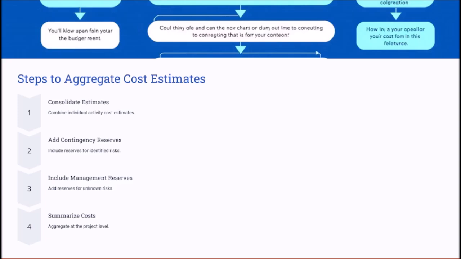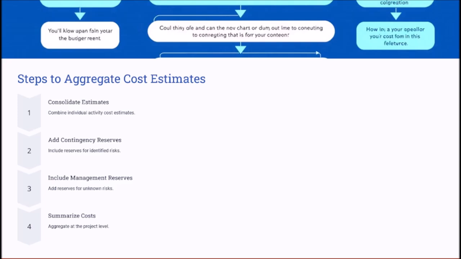These are the steps of one of the key techniques to determine the budget, which is to aggregate the cost estimates that we have made in the previous process. The process of aggregating the cost estimates begins with consolidating the individual activity costs, and then next you identify the contingency reserve, which is added to address the known risks, followed by the management reserves for unknown risks.